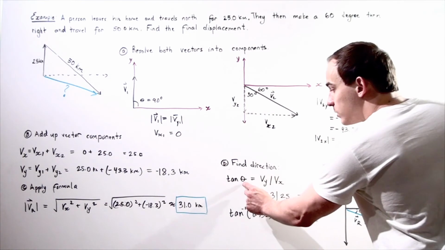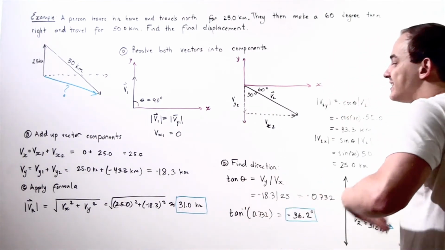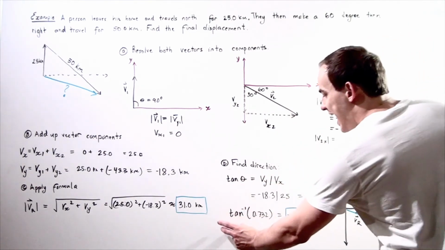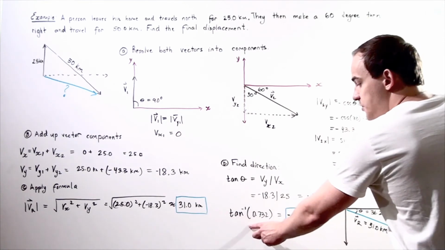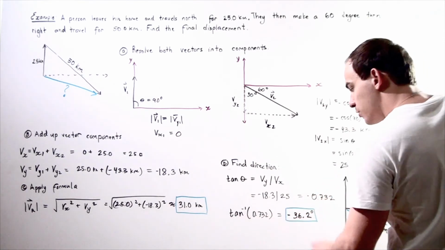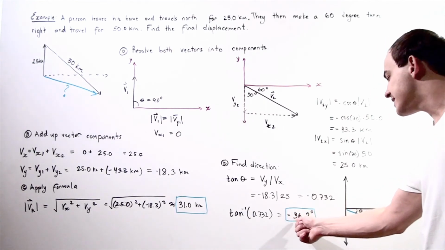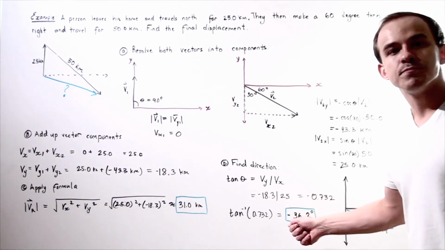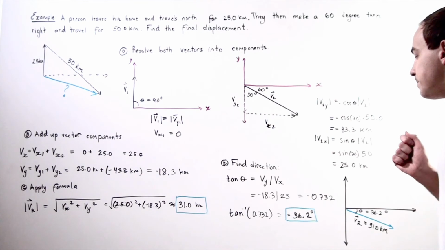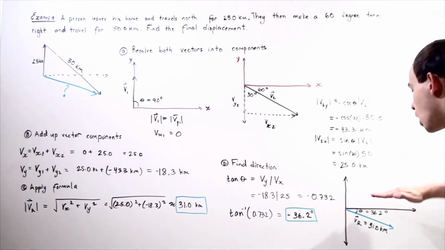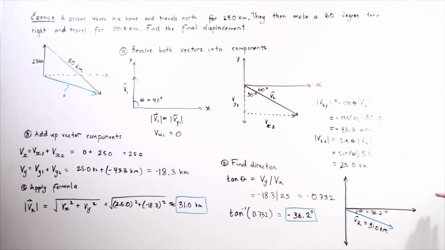Now we have tangent theta is equal to this. So we want to find what the theta is. So we take the inverse of tan. So tan inverse of 0.732, this should be negative, and we get negative 36.2 degrees. So the negative simply means that we're below the x-axis. So our angle is this angle here going in the negative direction.